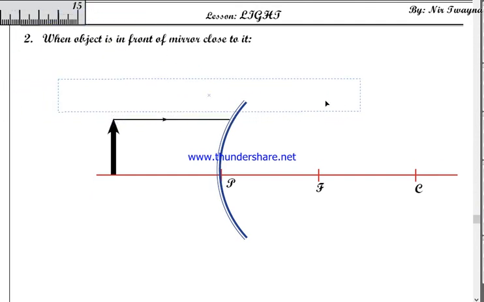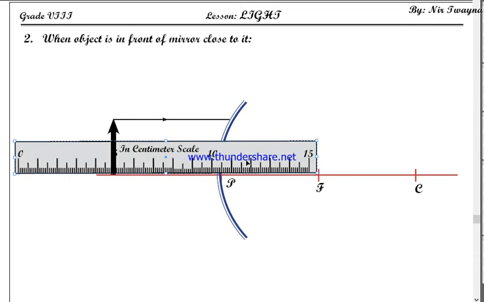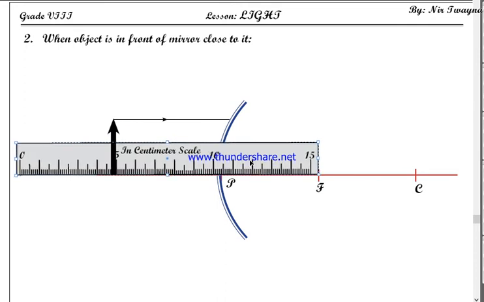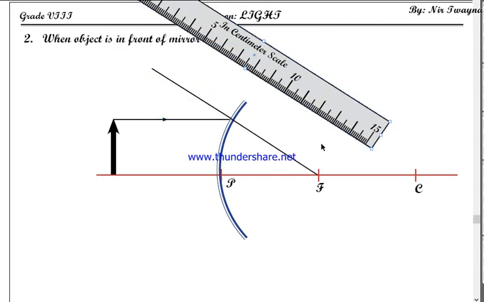What we said in rule 1 is that the light ray which is parallel to the principal axis reflects with reference to the focus. So what you need to do is manage your scale between the focus and the point of incidence. Then draw the line from the focus to the point of incidence as a dotted line, and after that a solid line.